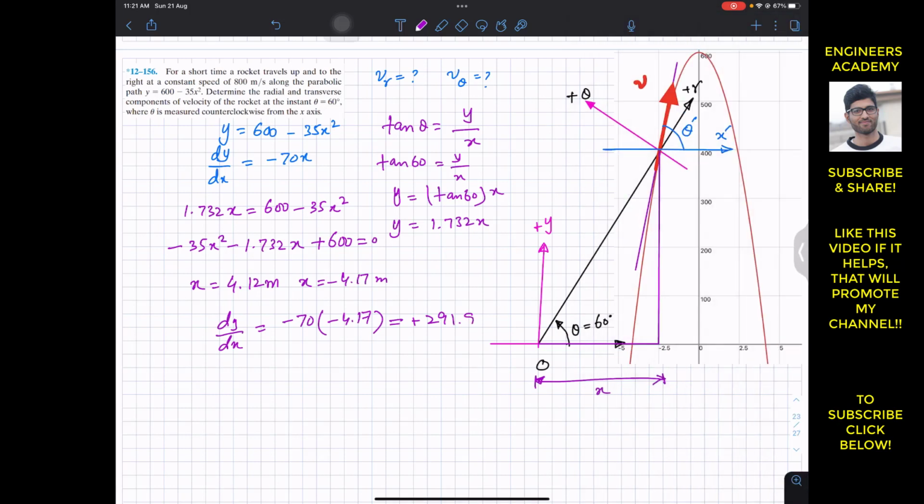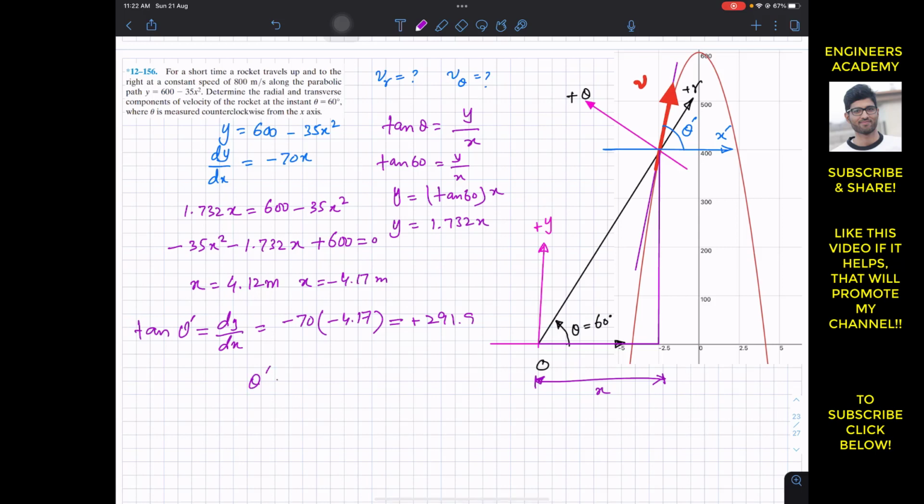And we know that dy by dx, the slope of a straight line, is always represented by tan theta. So we can say that this dy by dx is also equal to tan theta. But we have assumed that the tangent line is making angle theta dash with the x-axis. So now we can find this theta dash.